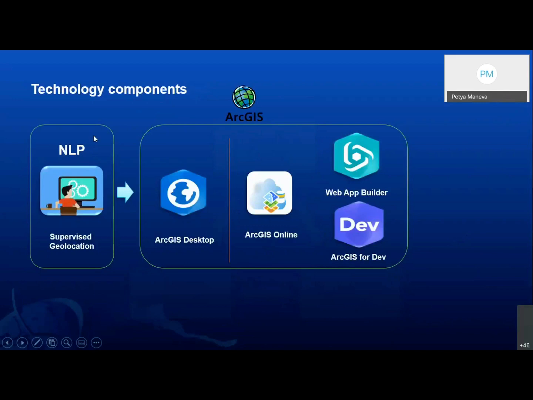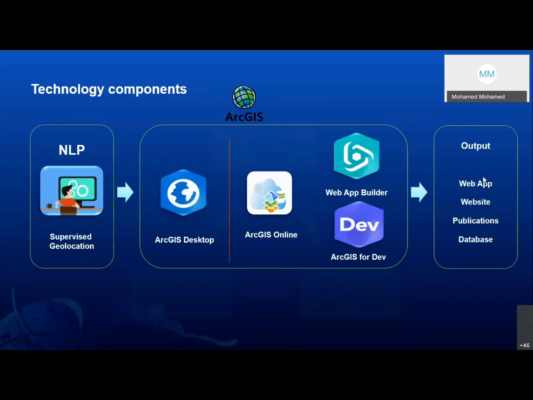Here is the technological component, the natural language processing. We do the georeferencing. For the ArcGIS component, ArcGIS Desktop did the heavy lifting for analysis and map creation. ArcGIS Online is the host. ArcGIS for Developers is for manipulating the base layers, and we're creating a time-sensitive web application.